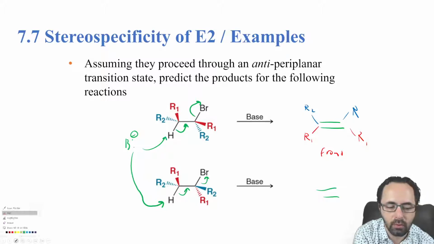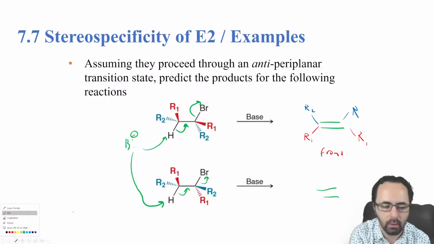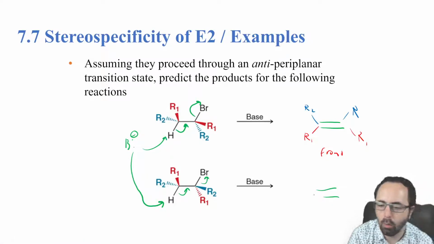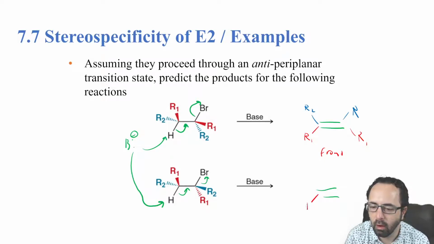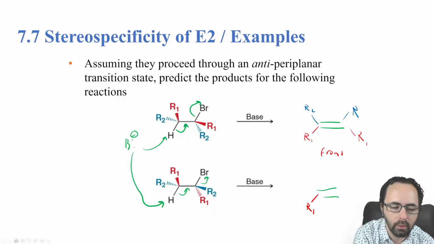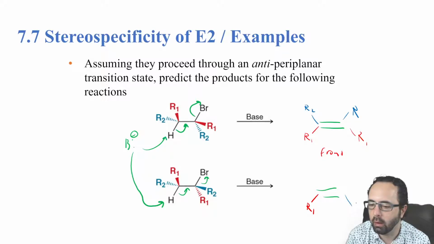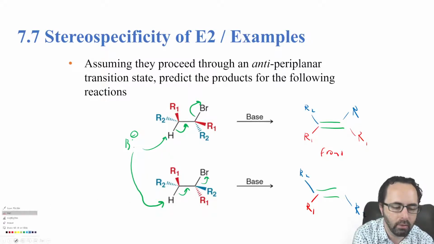So if we call the front the bottom here, then R1 on this left carbon will be in the front, and then R2 will be on the second carbon, the one on the right, in the front. Then in the back here, we'll have R2 on this one.